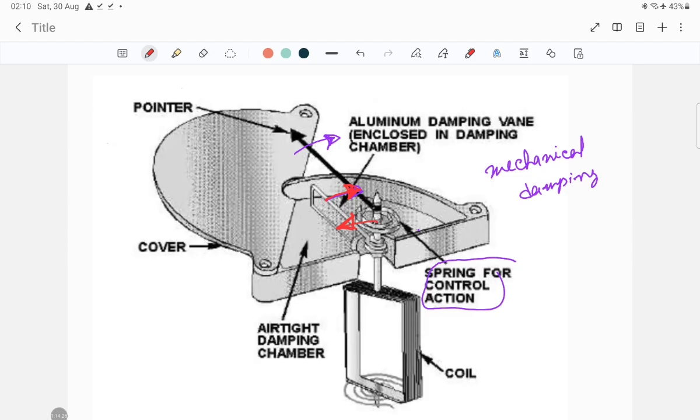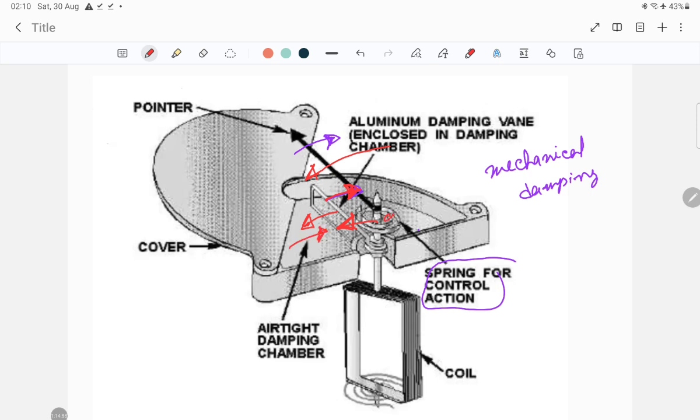And again, when the pointer comes back to its initial position, the vane will also move in this direction. When the vane is moving from right to left, in the anti-clockwise direction, air pressure will be provided in this direction.